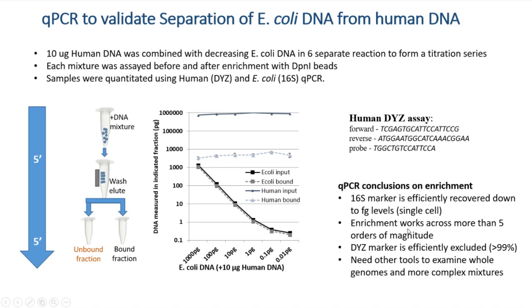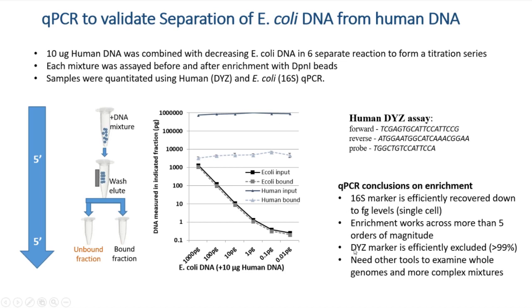This enrichment works across at least 5 orders of magnitude, although we recognize that our absolute sensitivity at these lowest levels is a little bit hampered in the presence of a very high background.